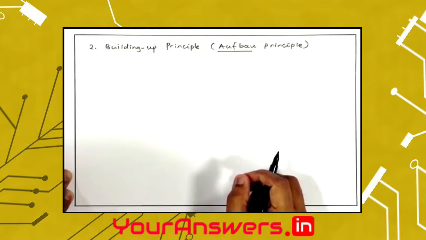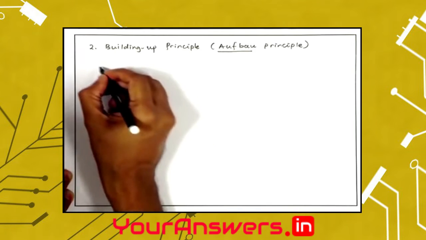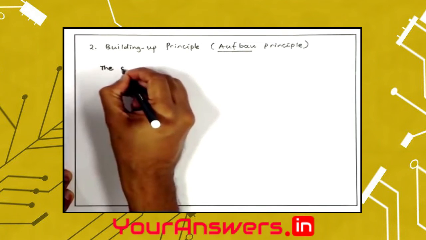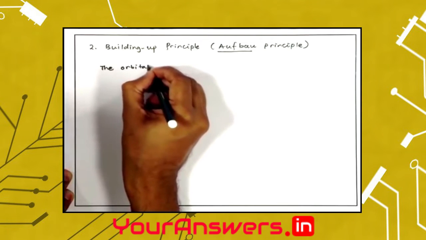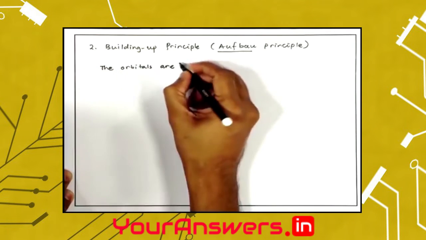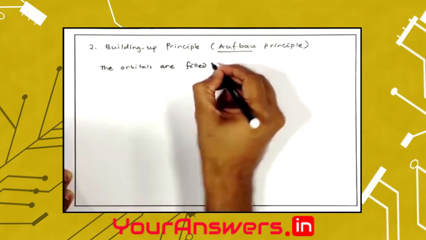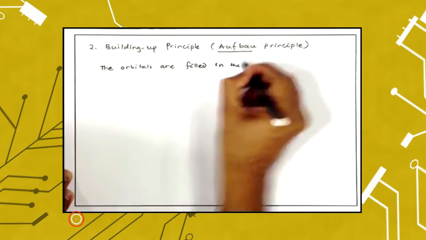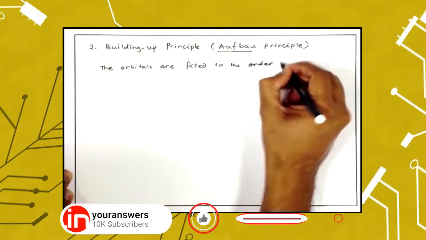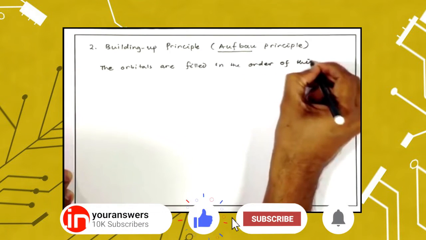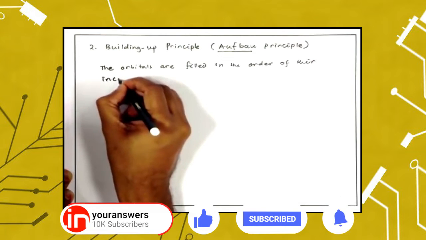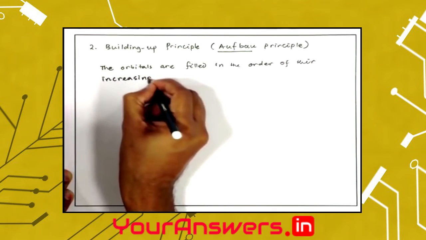What does this Aufbau principle say? It says that the orbitals are filled in the order of their increasing energy.